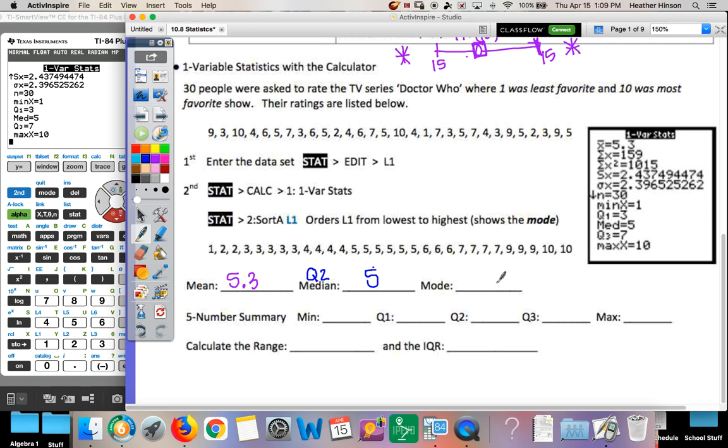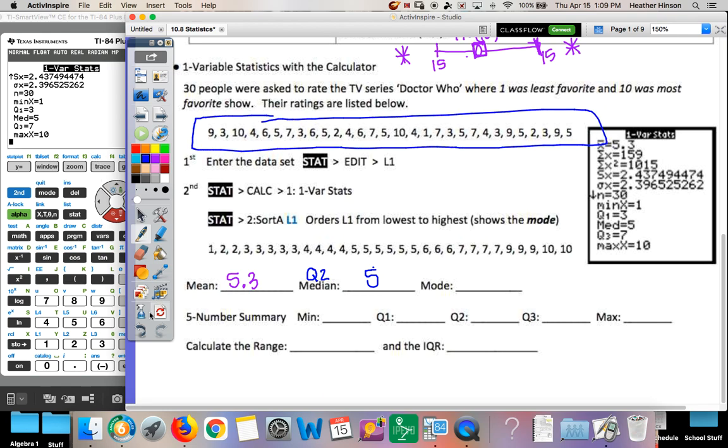Now your mode is not going to be on this list. Your mode is the number that is used the most. So you can go through and count all of these up, or your calculator can put them in order for you, so you don't have to look at this stuff and try to count it up.